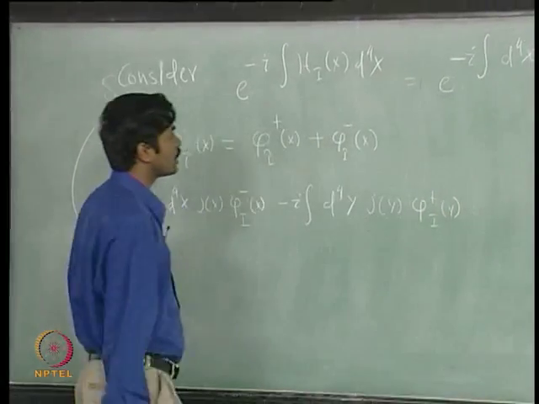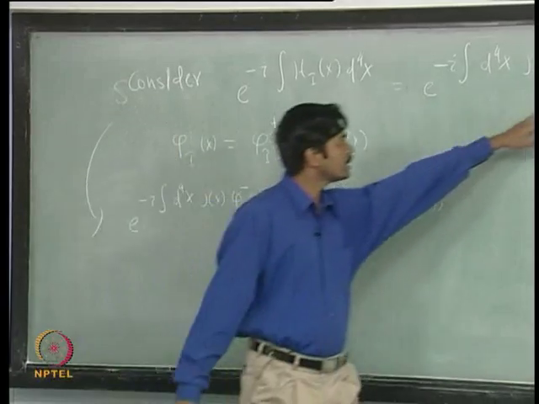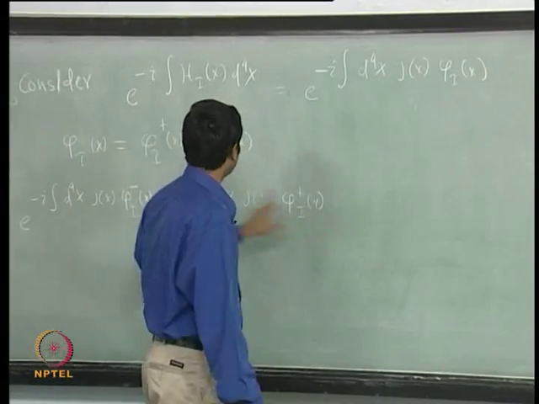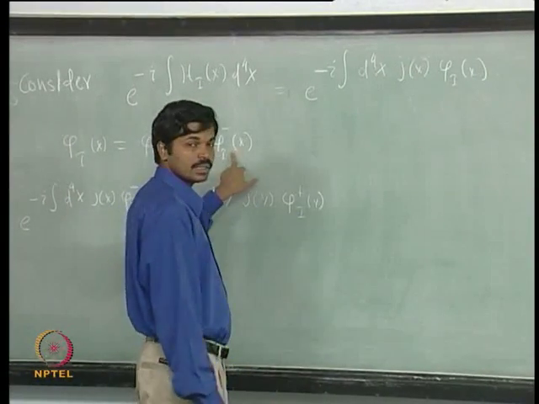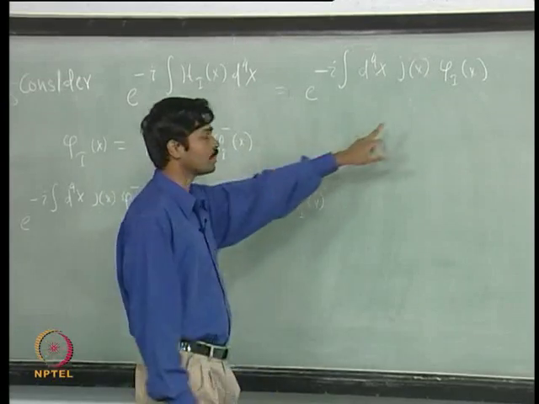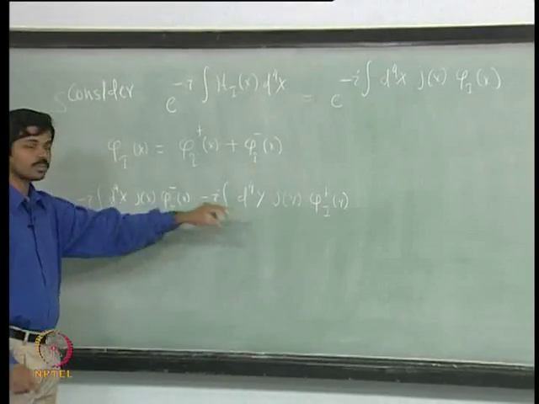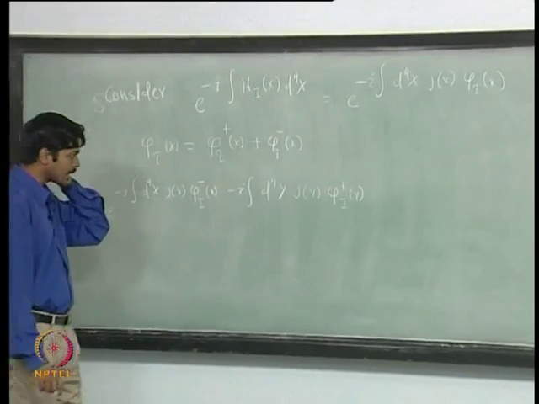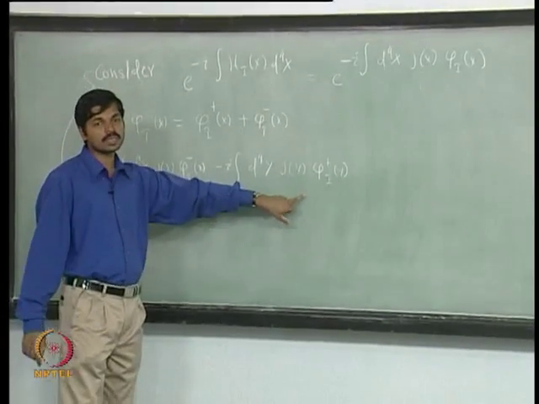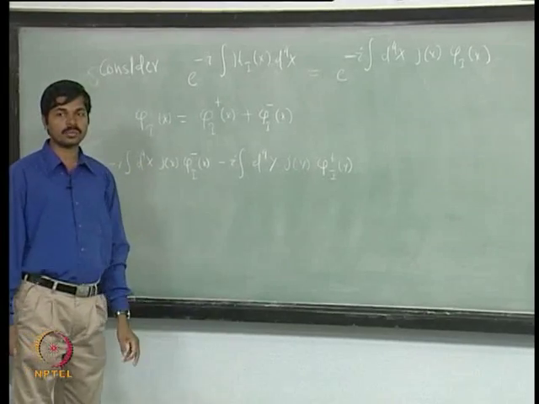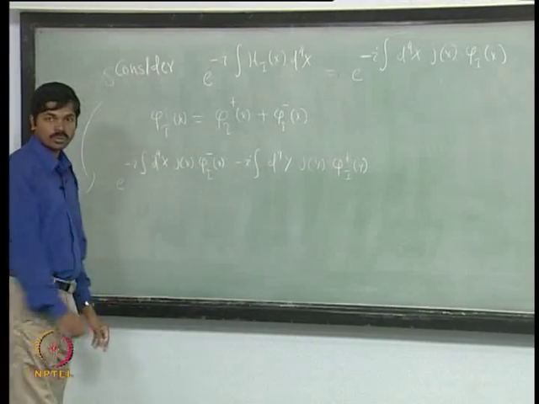So, I simply substituted here phi_I minus of x plus phi_I plus of x, and then this integration will give me just two terms in the exponent. In the second term, I have used the integration variable as y instead of x. You will see in a moment why. Okay.